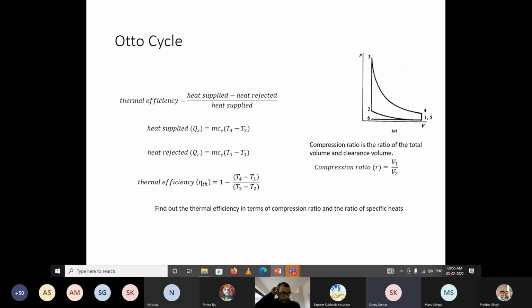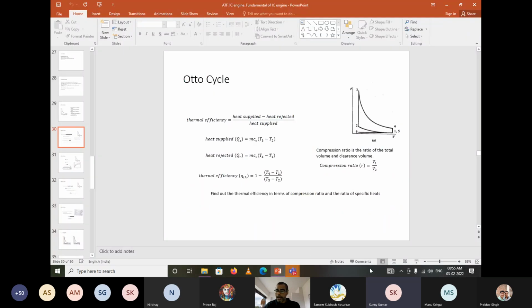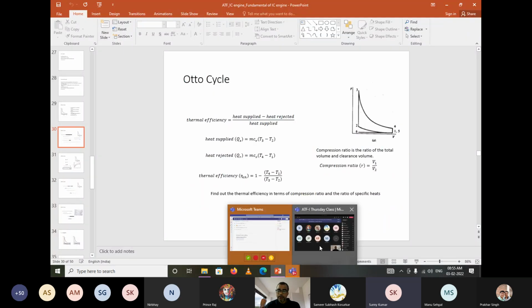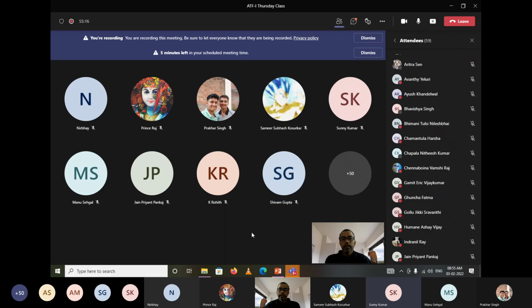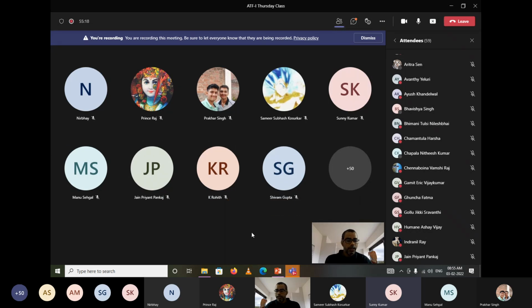That loop, do you think it is good or bad? Is it a positive work done or a negative work done? Because if there is a loop, then the area will give you the work done.